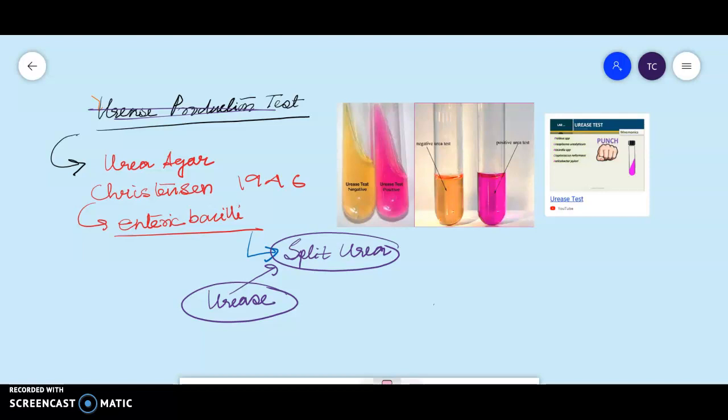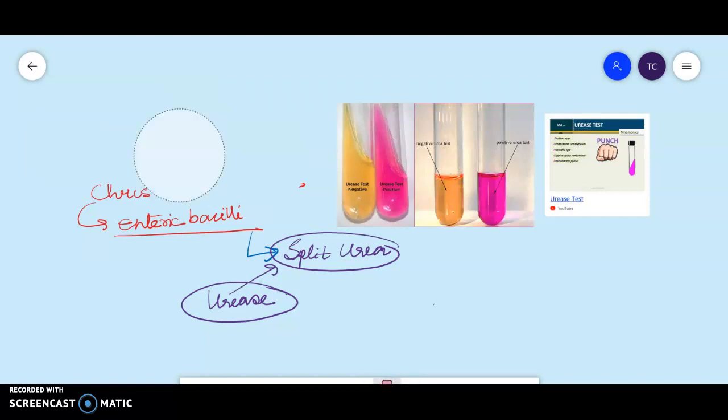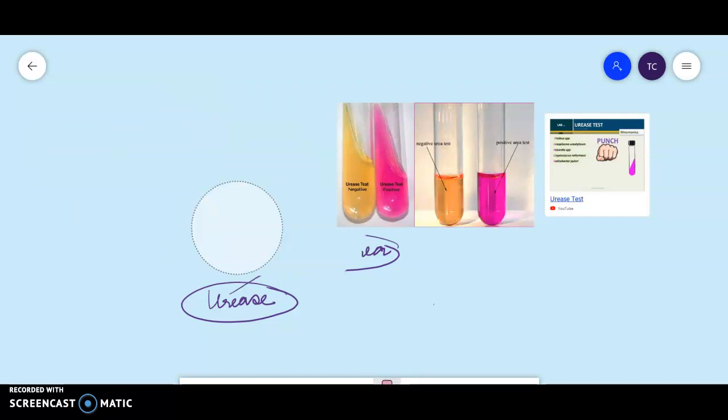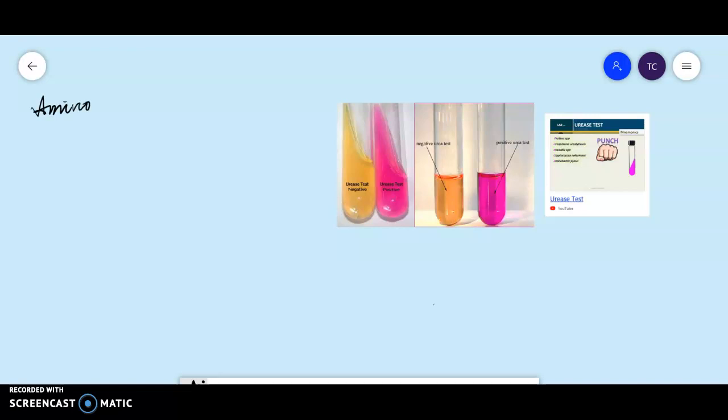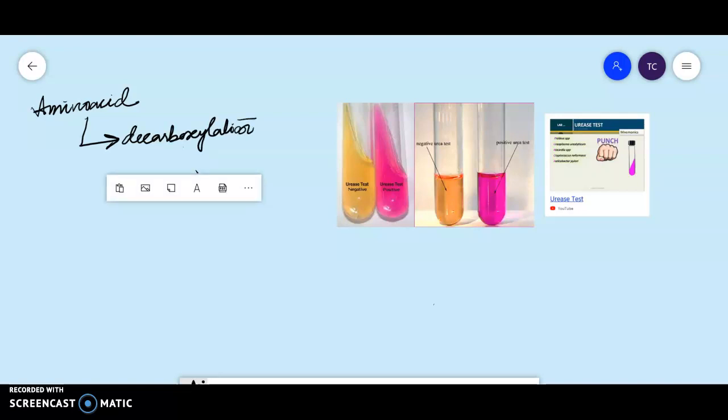So moving on to the principle behind your urease production test. Urea is the product of decarboxylation of amino acid. So if I write down, this is your amino acid. This amino acid will undergo the decarboxylation process, and this will ultimately produce your urea.